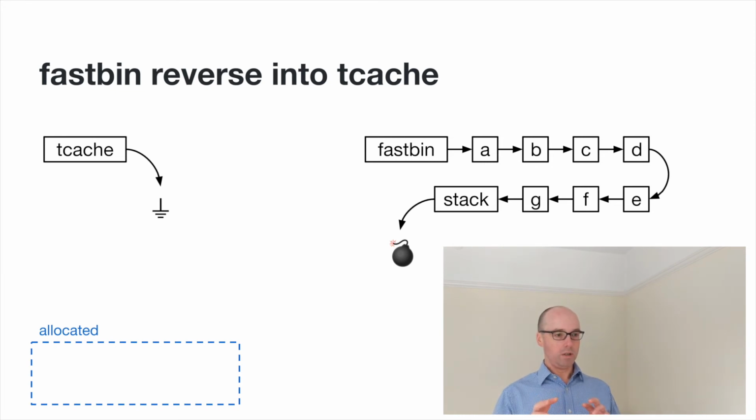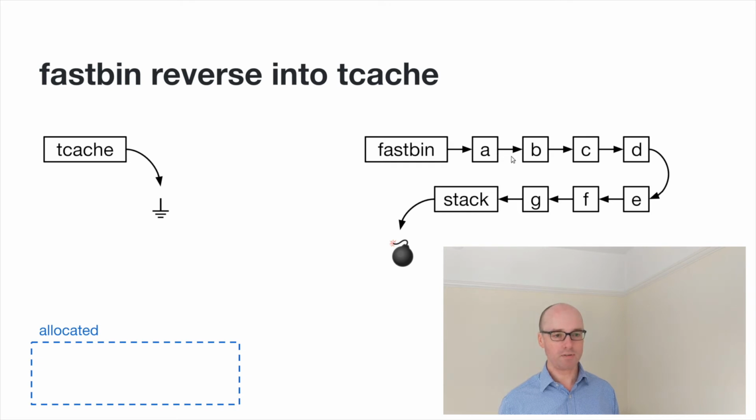So what you have to do to get this to work is you have to set things up so that the tcache is empty and the fastbin contains at least 7 regular chunks, and then the final chunk in the sequence points to the address where you want to write some garbage.